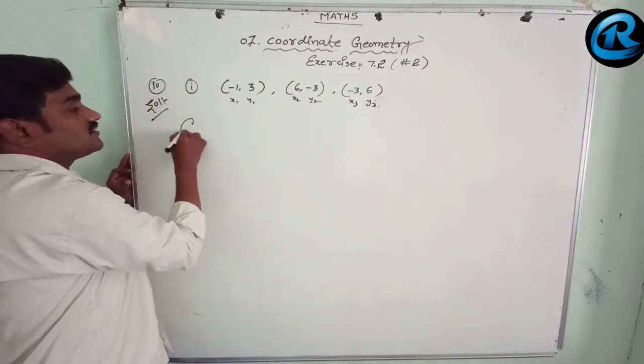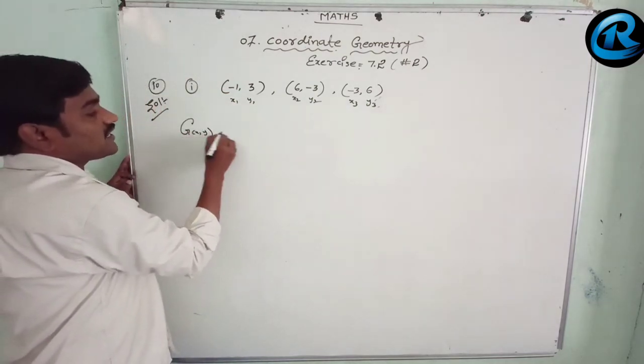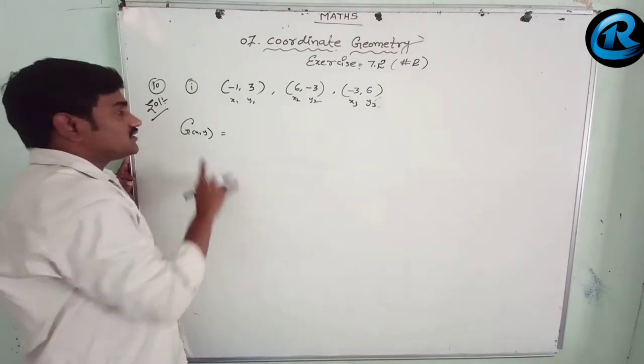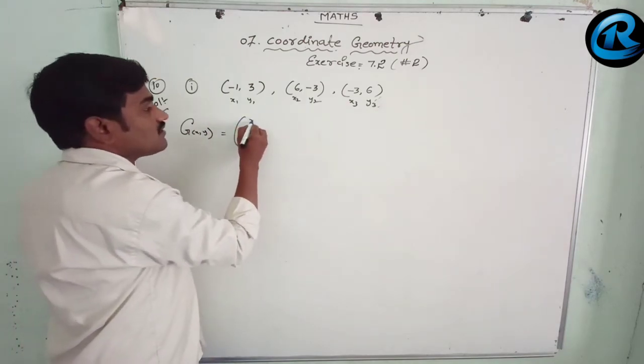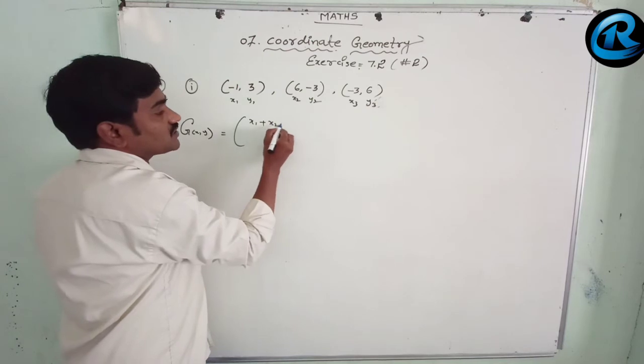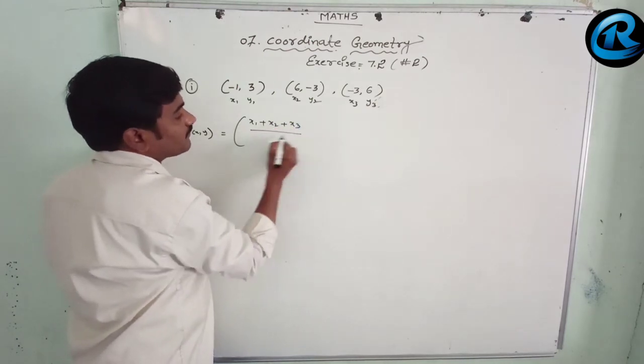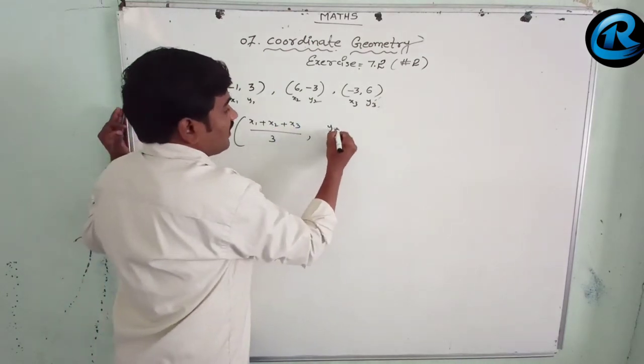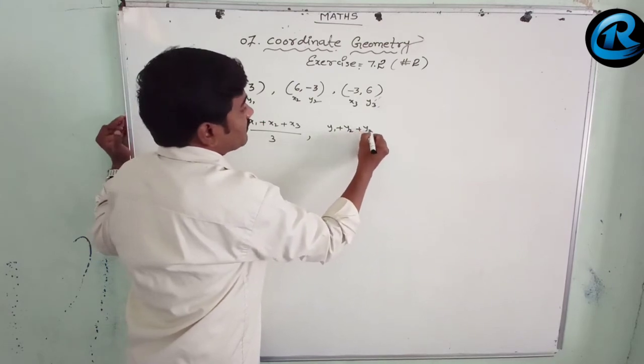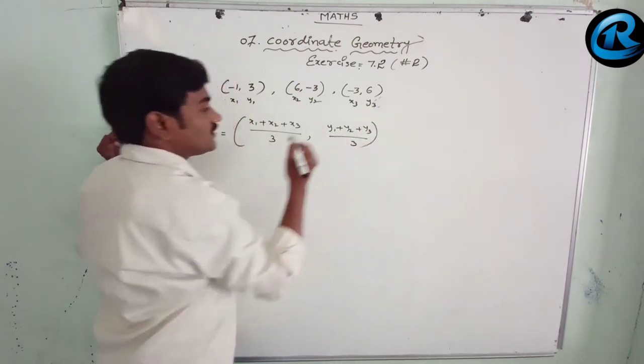Here the centroid of the triangle G(x, y) equals (x1 plus x2 plus x3 by 3, y1 plus y2 plus y3 by 3).